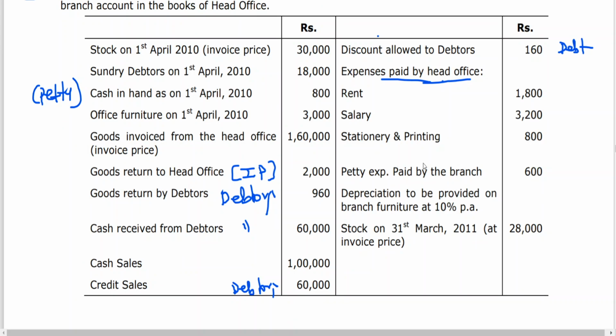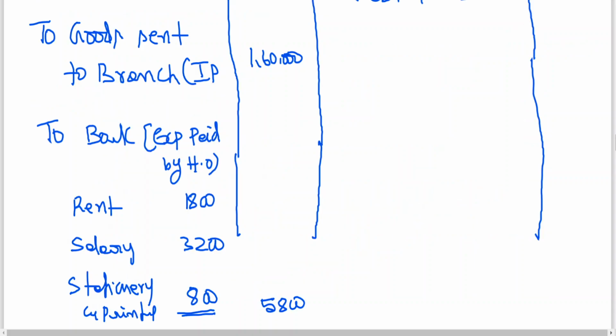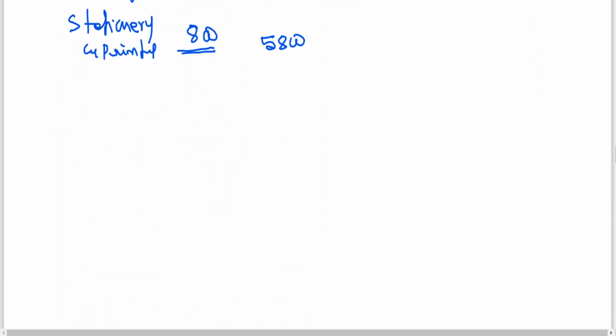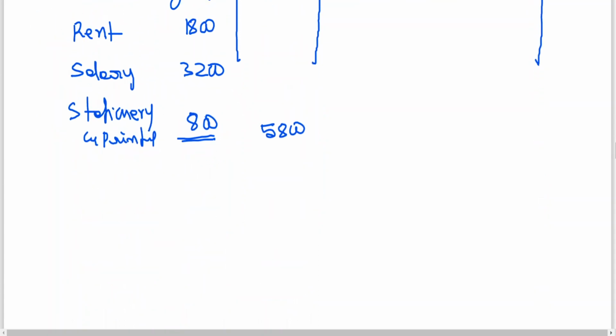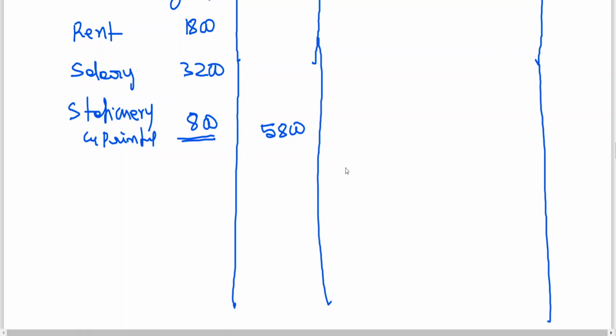Now this information is for us to find out the closing balance, that I have done. Now closing balances I should write. By balance carried on.